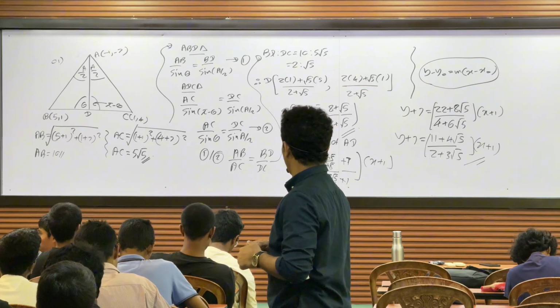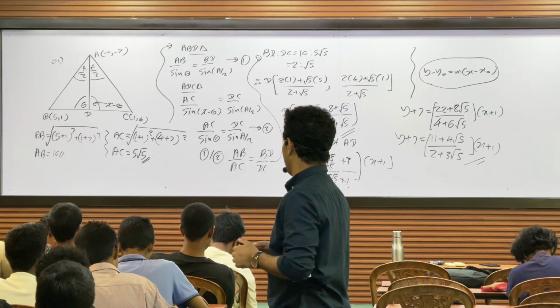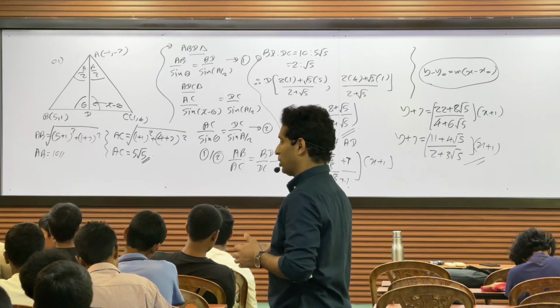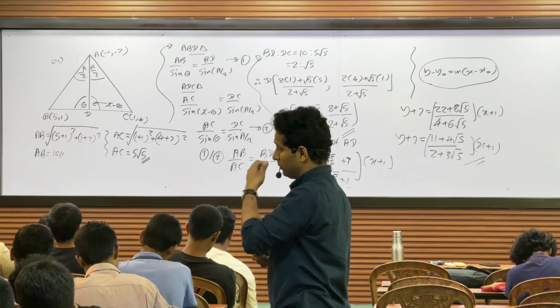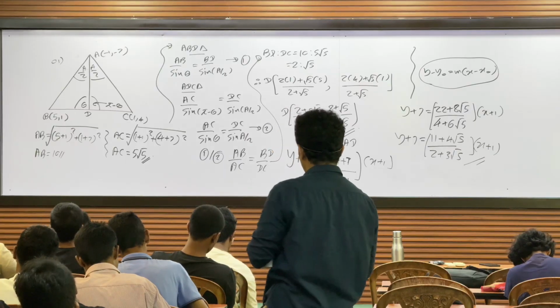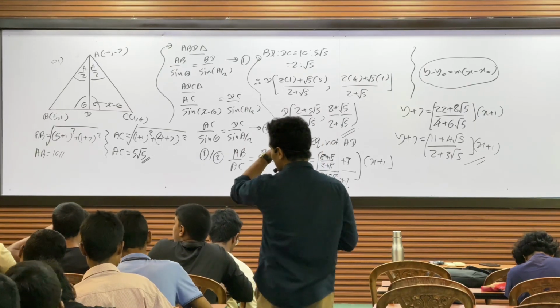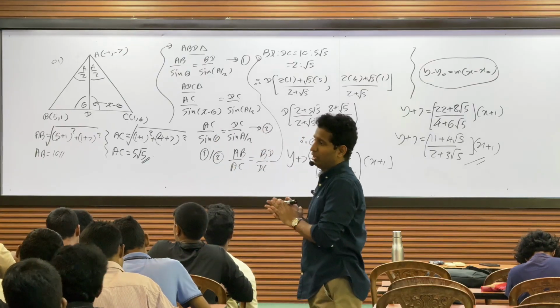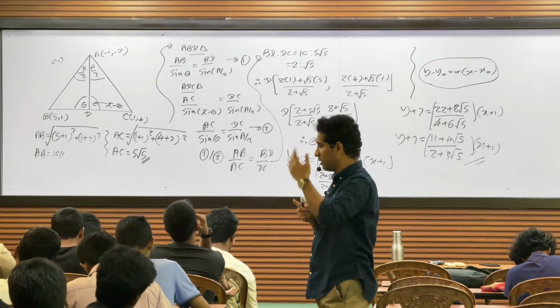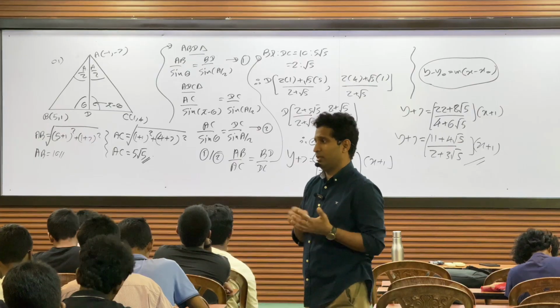The tan value, no, you can't say that. How can you find the tan value? Now normally the gradient is what? The tan value of the angle which the straight line makes with the positive direction of the x axis. Right.